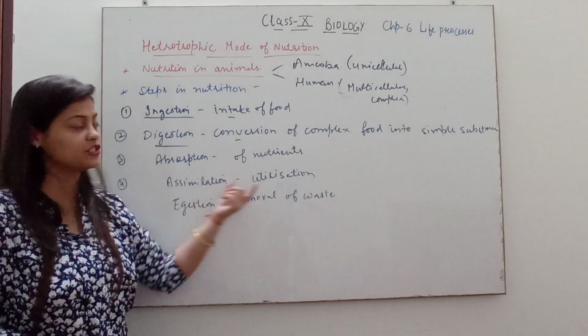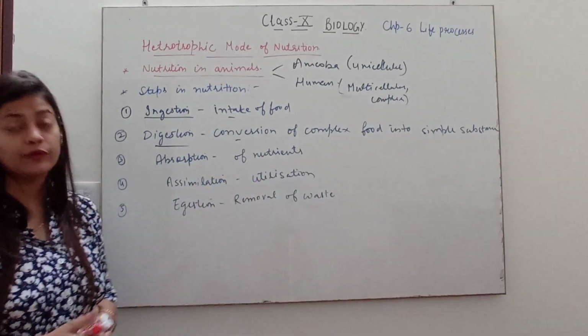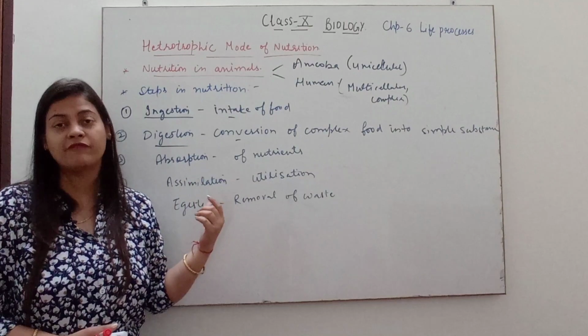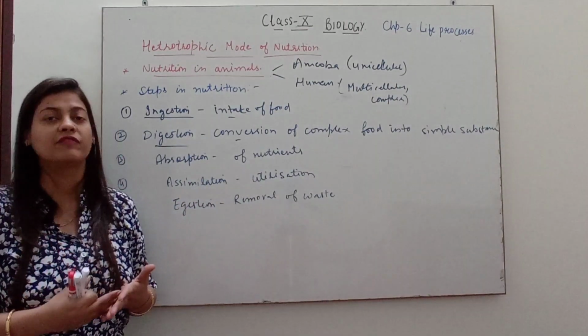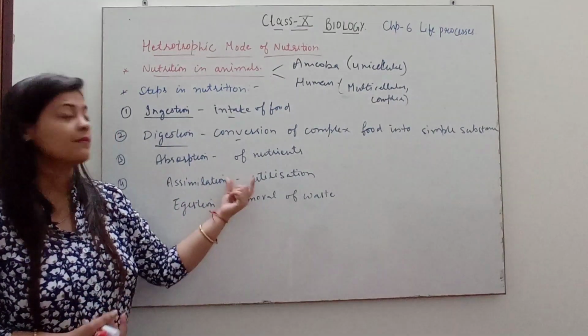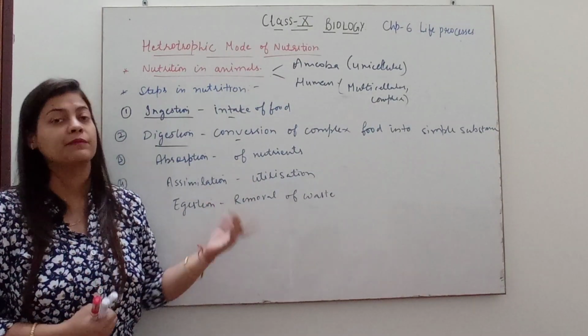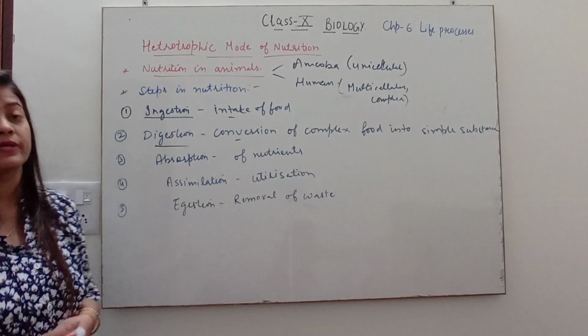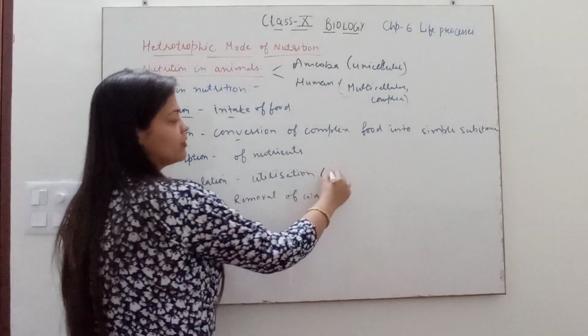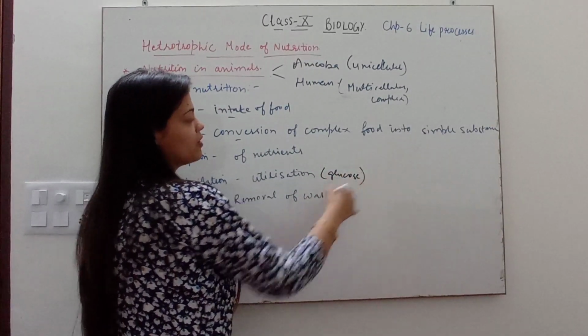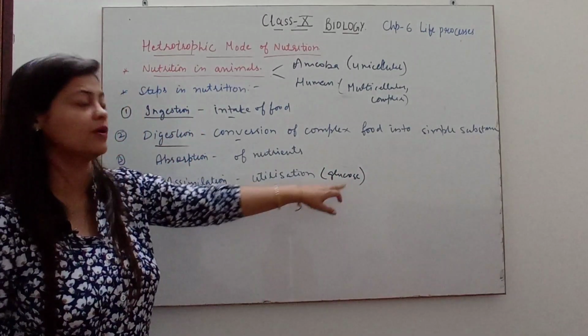Next is assimilation or utilization, you can say. Utilization means whatever food we have taken, we have digested it and the food has released nutrients, but those nutrients after absorption can be utilized by the body. For example, whenever we eat food, the simplest form of carbohydrate will be glucose.